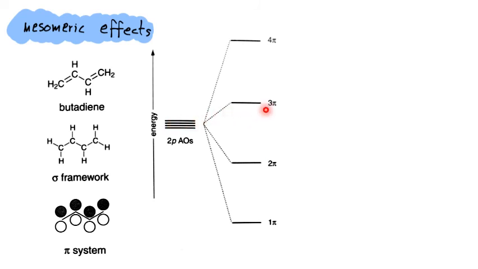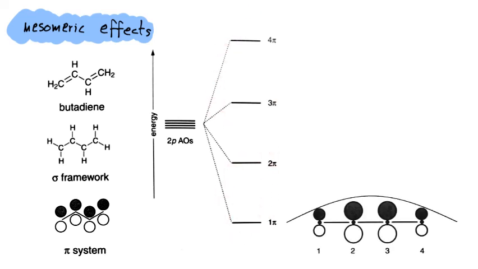That means 3 pi and 4 pi are anti-bonding molecular orbitals, and 2 pi and 1 pi are bonding molecular orbitals.